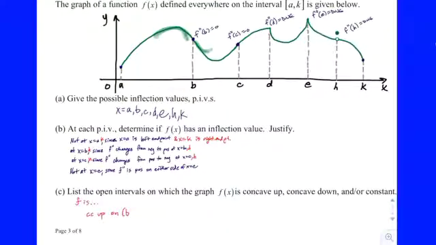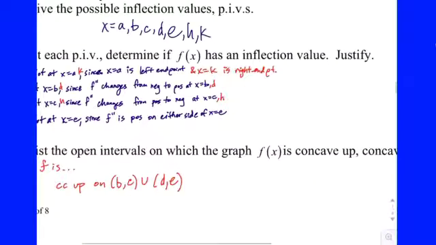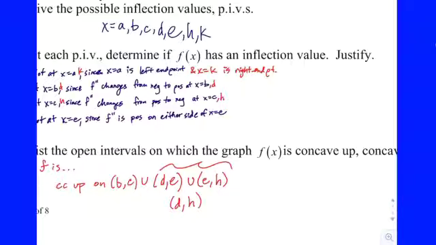And again, there's no justification here. B comma C union, where would be the next one? D to E? Oh yeah, it would be from D to H, or D to E, then E to H. What you're saying is we can combine those and say from D to H. Would you all agree?